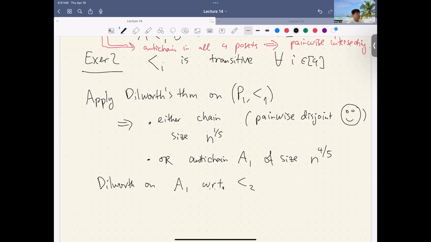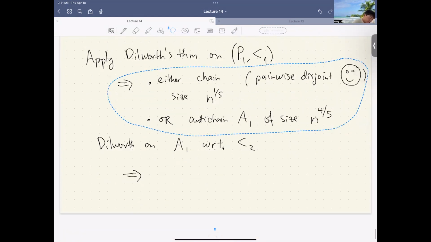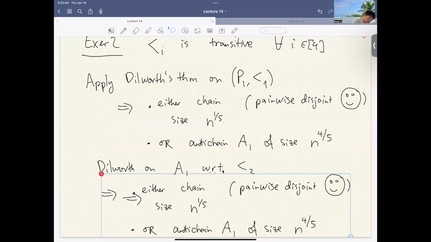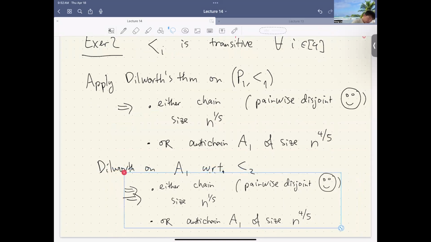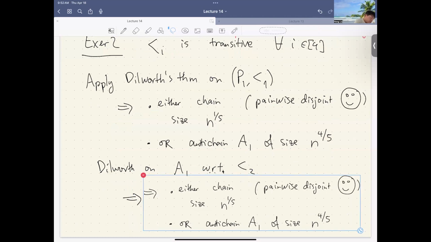On this set of n to the 4/5 elements, you get either a chain, which is pairwise disjoint, of size n to the 1/5, or an anti-chain A2 of size n to the 3/5, right?